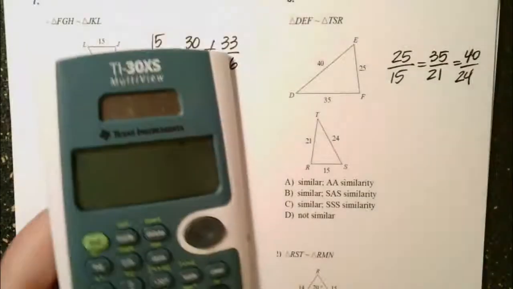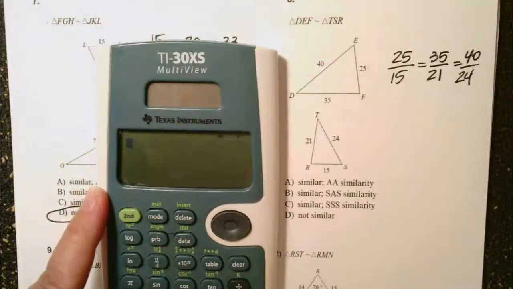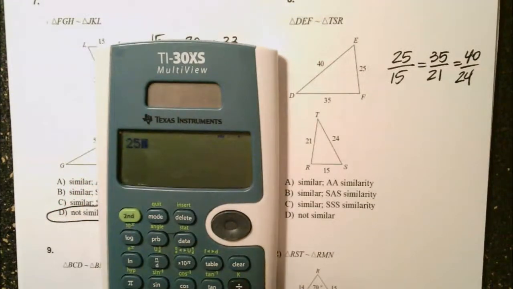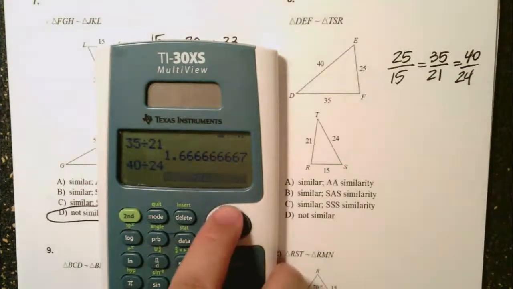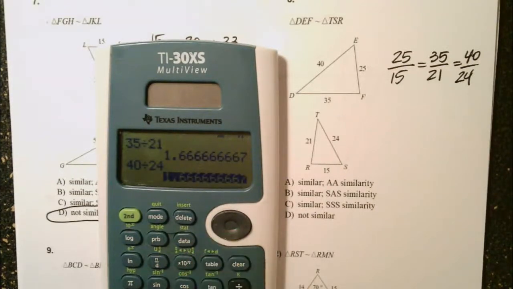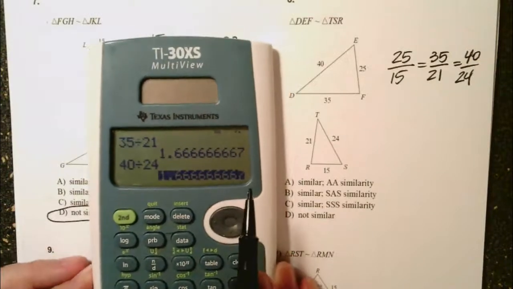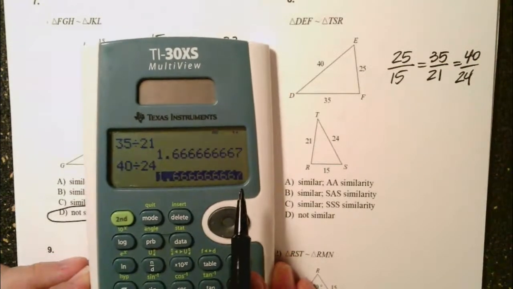So I'm going to check and see if all of those ratios are the same. In other words, all of them are proportional side lengths. And I'm just doing that by changing them to decimals. And look, we're getting exactly the same thing for all of them, 1.6 repeating. Helpful hint: when your calculator says that, it doesn't really have a 7 at the end. The calculator is just rounding, just like you would when you get tired of writing decimals.